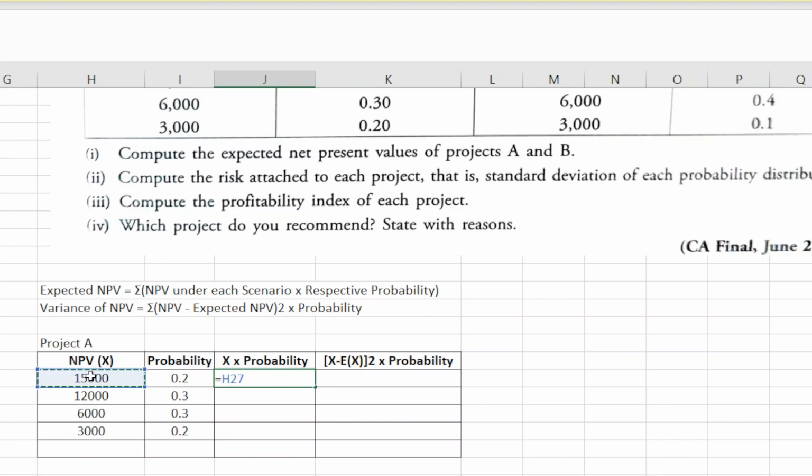So 15,000 into probability 0.2. Click enter. I told you there is a small lag. Give me a second.